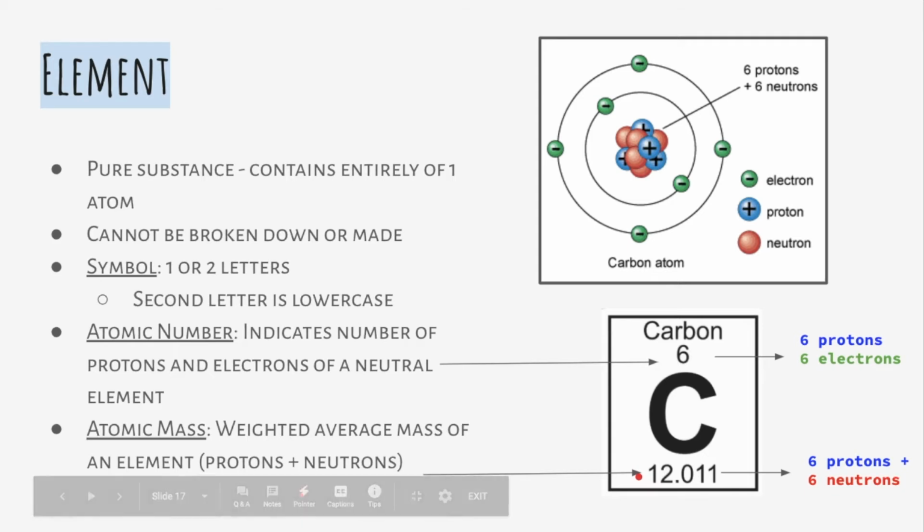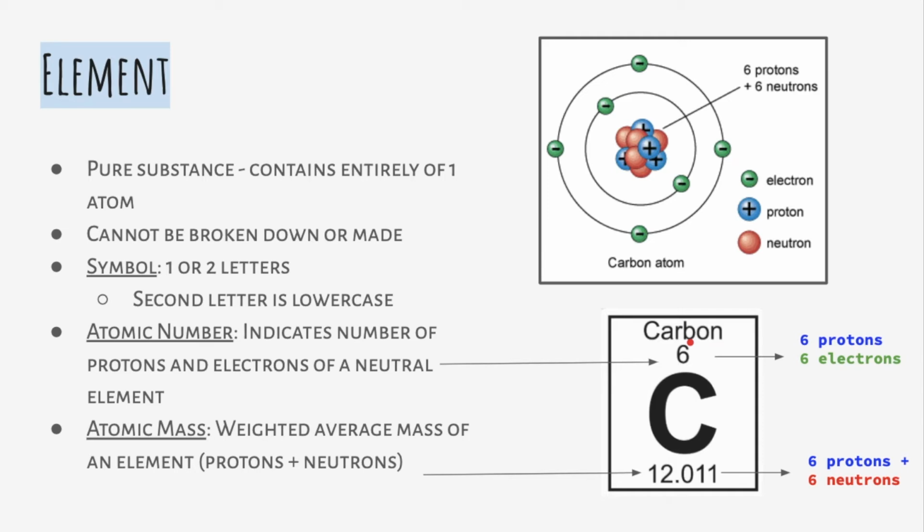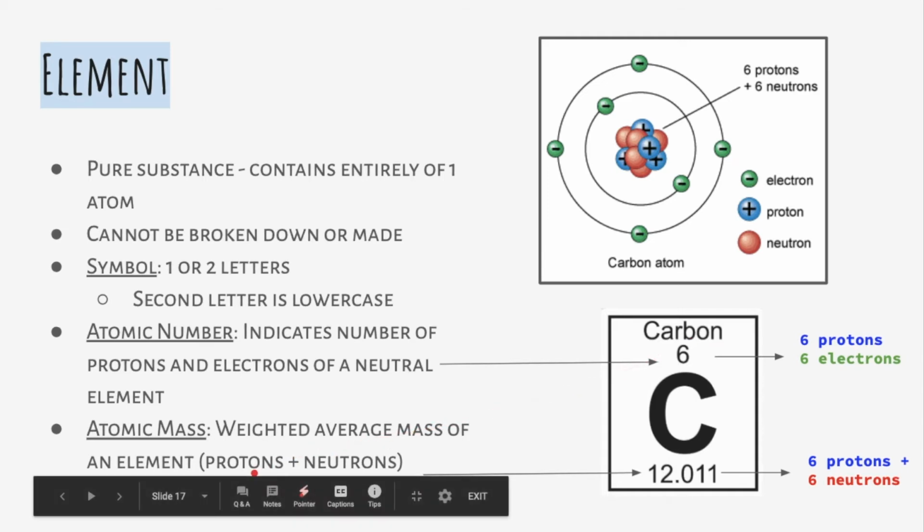We can figure out the number of neutrons from this number because our atomic mass equals protons plus neutrons. We already said for a given element, its protons is always going to be the atomic number. So we know protons is 6. So 6 plus neutrons equals an atomic mass of 12. We can round that number. So that means that 6 protons plus 6 neutrons would equal 12.